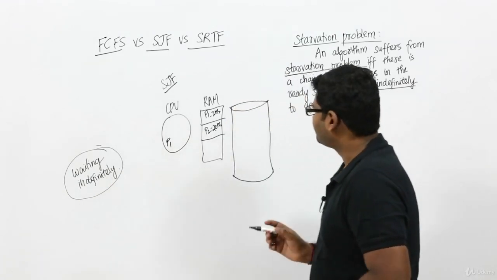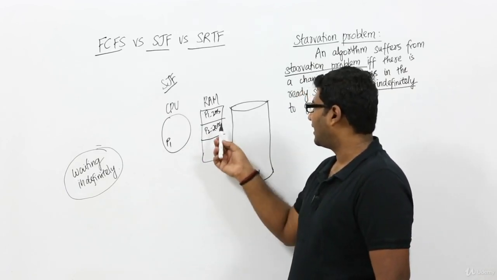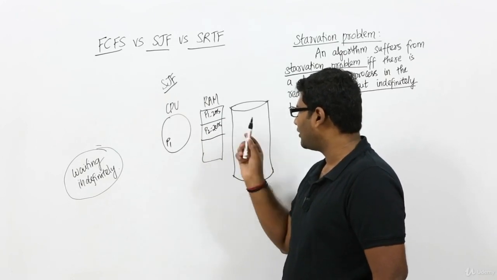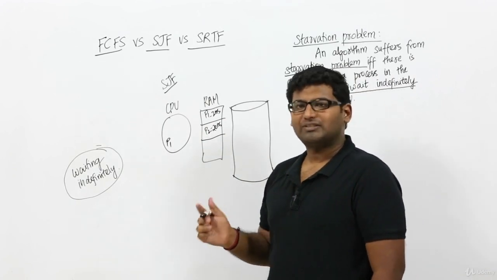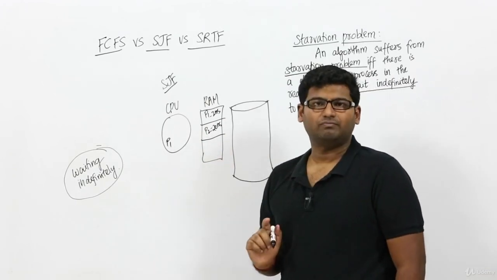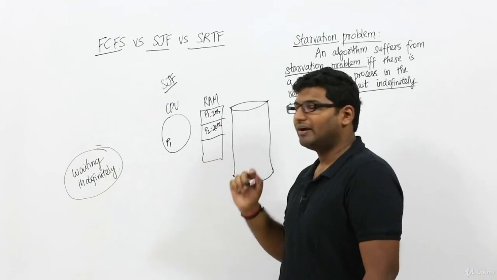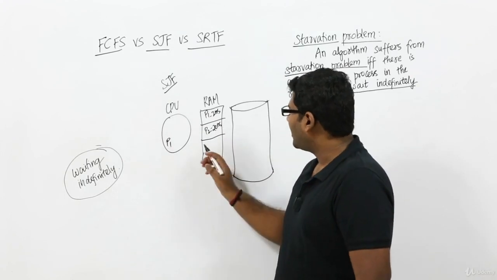Fine. Now let's see this. As of now we have two processes inside the RAM, P1 and P2. P1's execution time is 2 nanoseconds and P2's execution time is 20 nanoseconds. My question is, is there a chance for process P2 to starve, or to wait indefinitely? Both questions are the same.